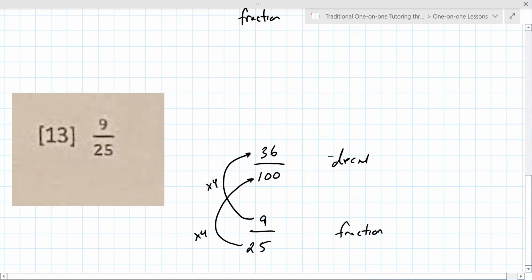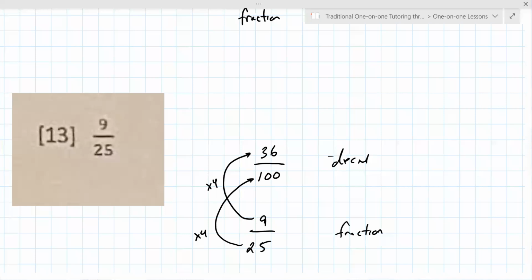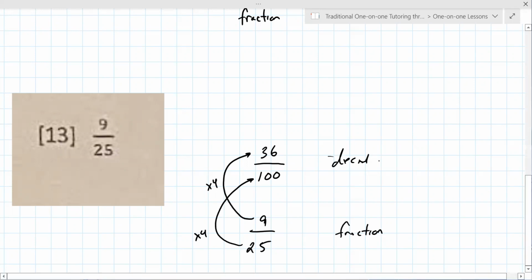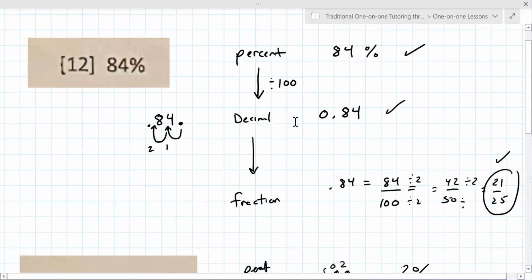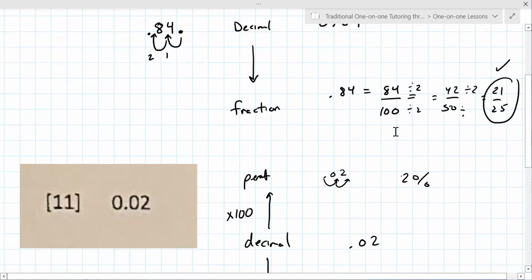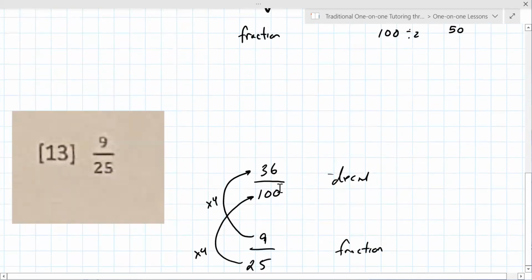Now this is still a fraction. But isn't it 36%? Well, it is, but you have to be careful. Let's do the decimal first. Remember back up here, you told me you wrote 0.84 is 84 out of 100. So for this problem, it's like we're going backwards. So 36 out of 100 is 0.36 as a decimal.